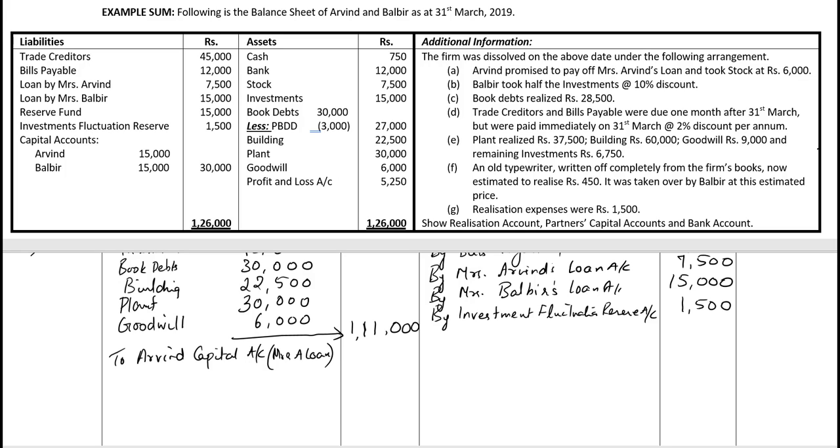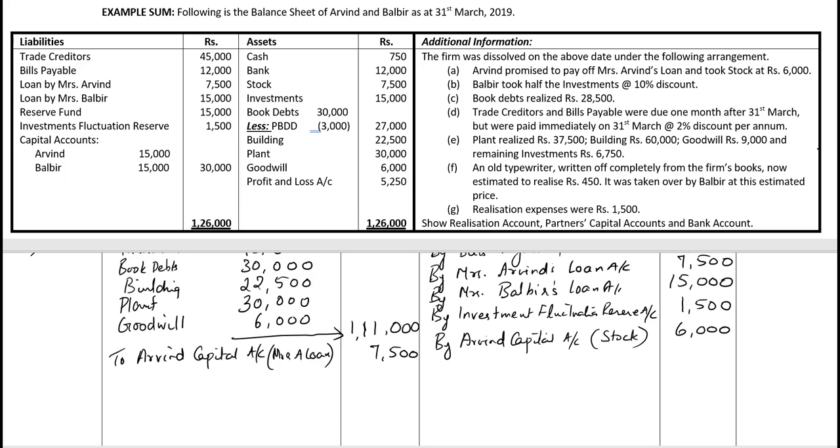The amount of loan, 7,500. Arvind also takes over asset stock at rupees 6,000, by Arvind capital account for stock taken over. Value at which it's taken over is 6,000 rupees.